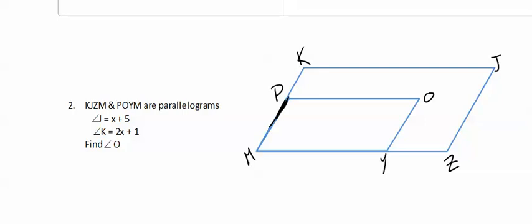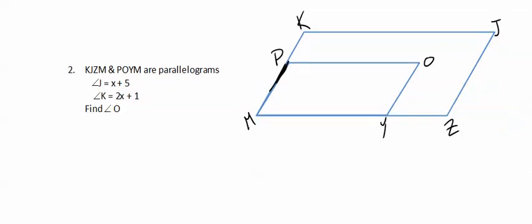Let's look at example number 2 now. We know that KJZM and POYM are parallelograms. We're given that angle J is x plus 5 and angle K is 2x plus 1, and we are trying to figure out angle O. What we know about parallelograms is that the angles consecutive to each other are going to be supplementary.